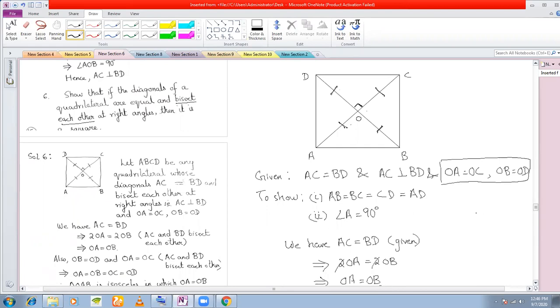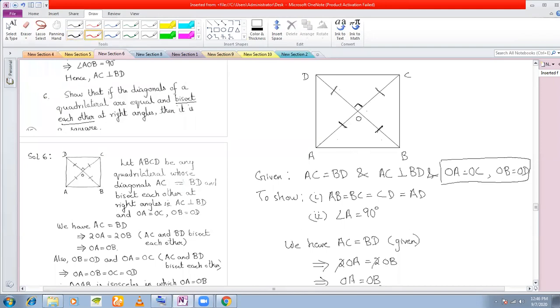Now, once I have shown that these four are equal, see this triangle OAB. This triangle is an isosceles triangle in which this side is equal to this side.